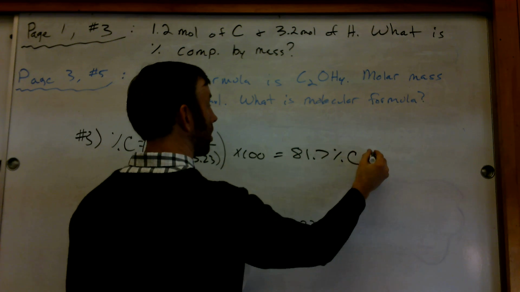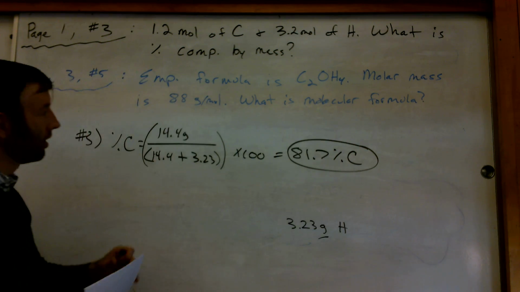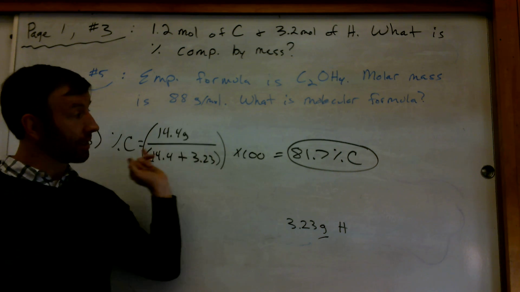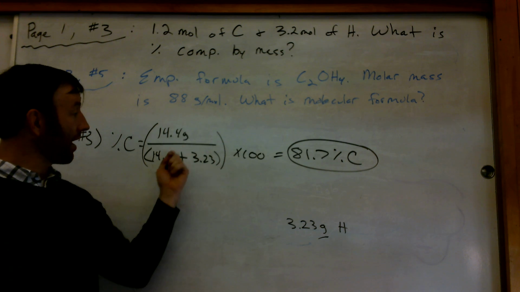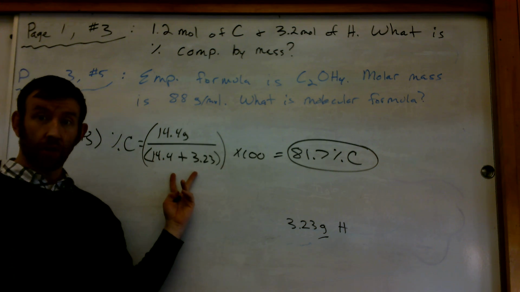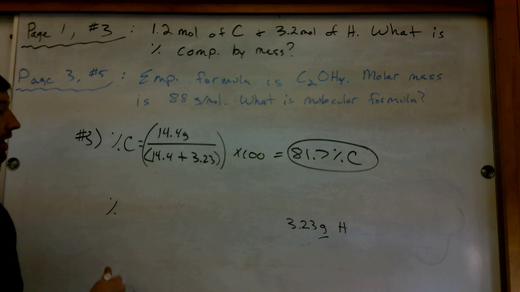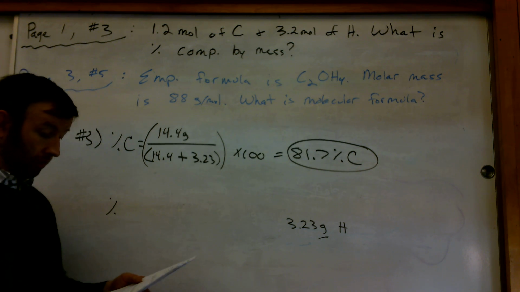81.7% carbon. So again, what did I do? I took my part that was carbon in grams, which I had calculated just a minute ago, and divided it by the entire mass, which is the 2 together. So likewise for hydrogen, if I want to know what percent hydrogen I have, I could do this one of two ways.